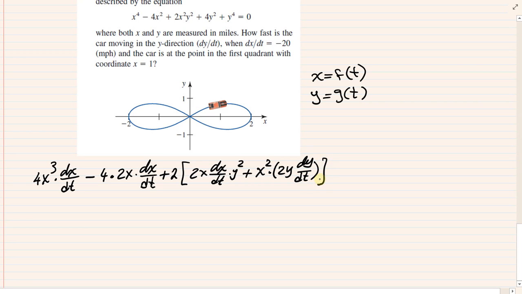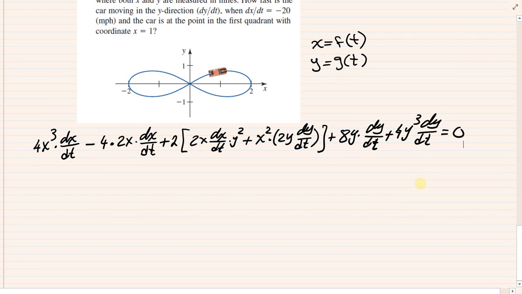So we just did the product rule for these. Derivative of 4y squared is going to be 8y dy dt, and derivative of y fourth is going to be 4y cubed, and of course dy dt. Notice every one of those has either dx if it's x or dy if it's a y variable.